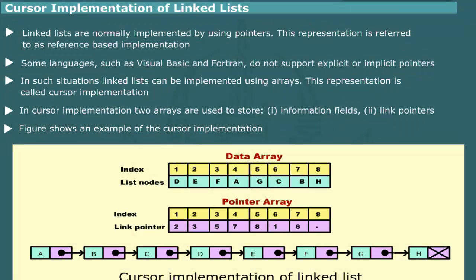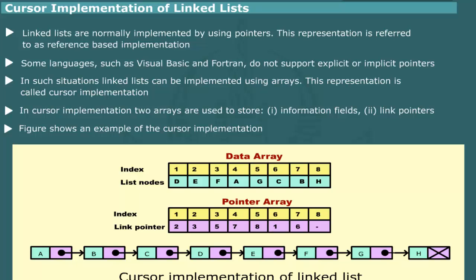Figure shows an example of the cursor implementation of a sample list which contains characters A through H. The data array holds the characters. The second array, called the pointer array, contains the indexes of the next elements in the data array. A variable front is used to identify the first element of the list.